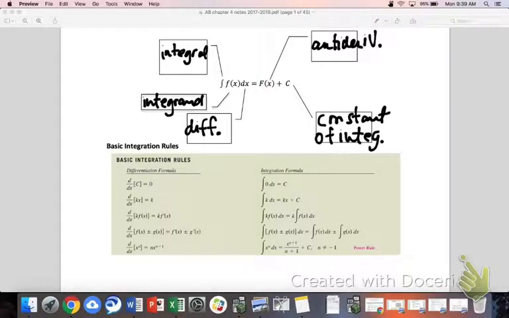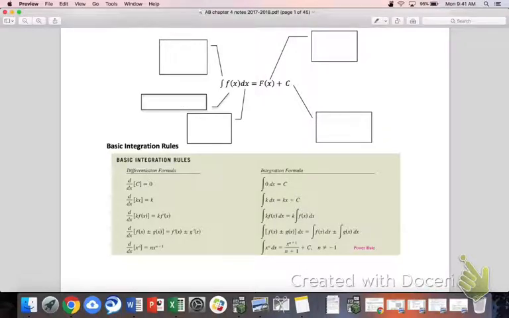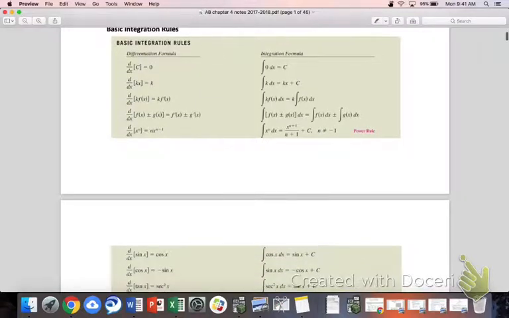Okay. So then what followed after that, of course, was this little list of rules. As you can tell, I have unceremoniously just simply copied this right out of your book. I didn't feel any need to rewrite something that's been written well. You got the left side, you got all those derivative rules, and the right side, you have the corresponding integral rule.